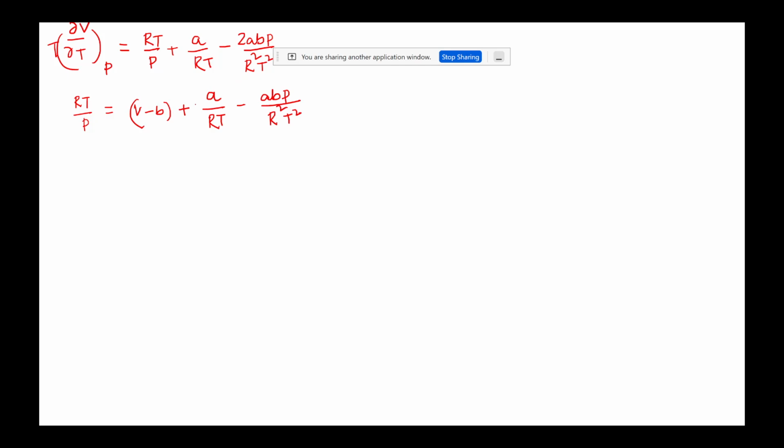Now if you put this expression here, T dV dT at constant P will become V minus B plus 2A by RT minus 3ABP by R square T square.